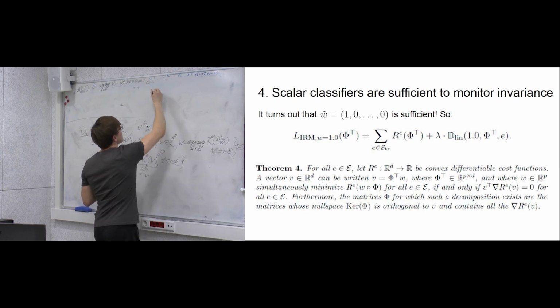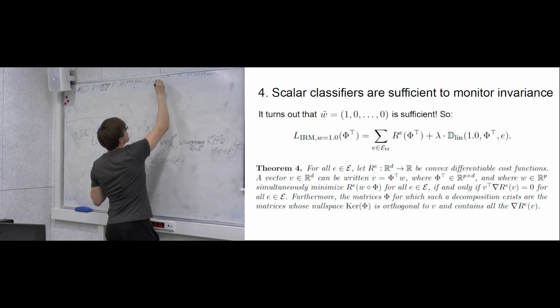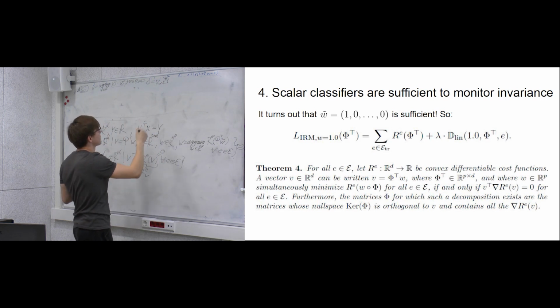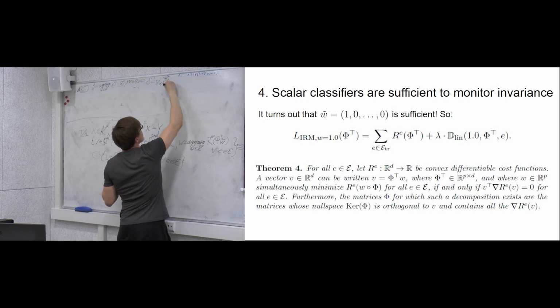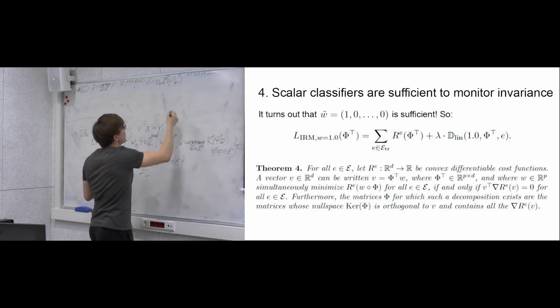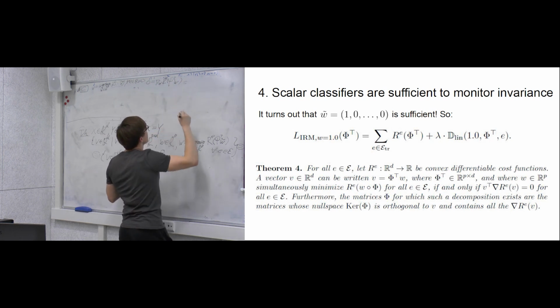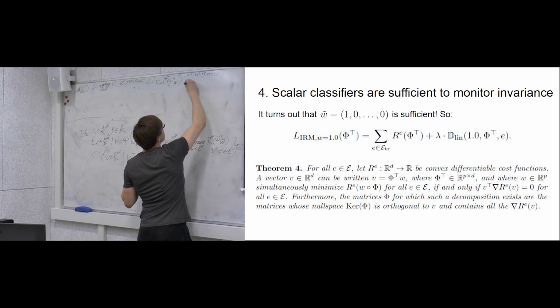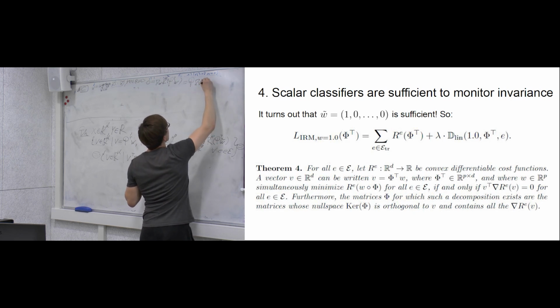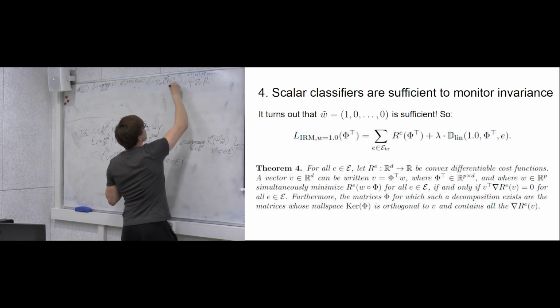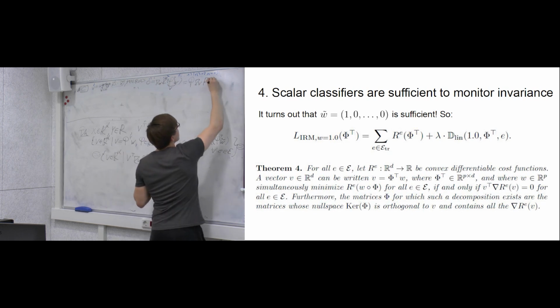So it means that the gradient with respect to W of risk of phi transposed by W is 0, and I take the derivative. Could you please use one letters? Yes, I'm sorry. Basically, this is just phi by the gradient with respect to V of R^e of V, where this is V, I remind you.